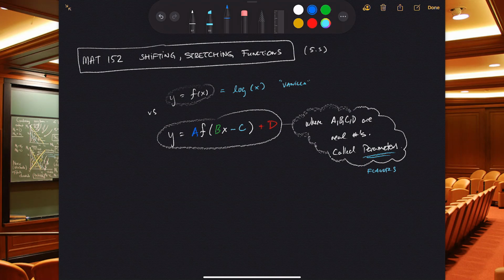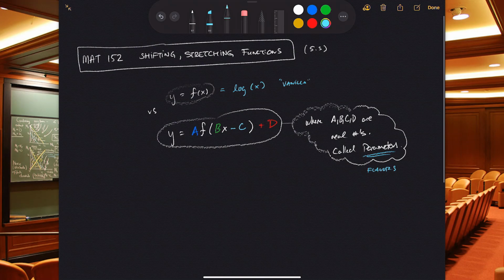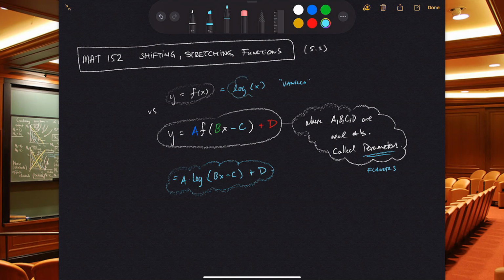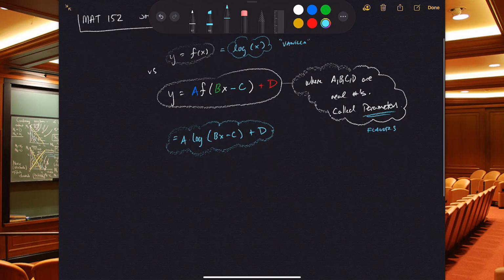And so I'll give you a little bit of preview right now. And again, what would this look like for the log function? This would look like a times log of bx minus c plus d. So what does this mean compared to this? Well, let's look at an example where I actually have some real numbers and they're not just in the general form.